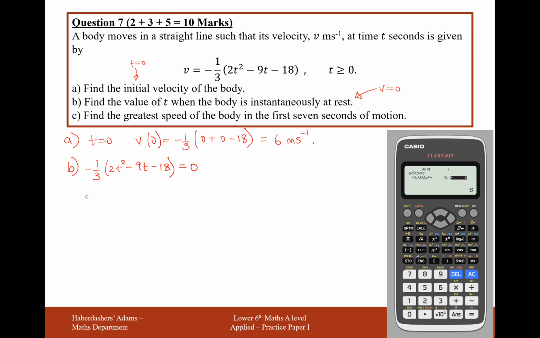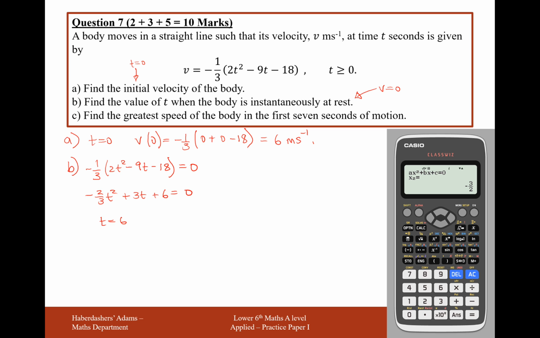Expanding the brackets, we get minus 2/3 t squared plus 3t plus 6 equals 0. Plug that into your quadratic formula solver, and your first solution is t equals 6, and t equals minus 3 over 2. But given that t is greater than 0, we'll just ignore that solution.